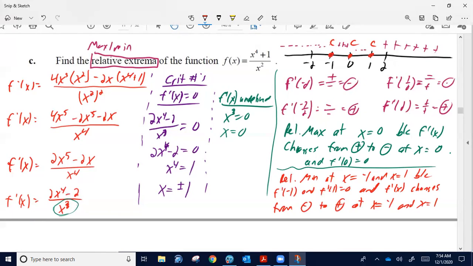So relative minimum at x equals -1 and x equals +1 because f prime of -1 and f prime of 1 equals 0. So we establish their critical numbers, and f prime is changing from a negative to a positive at those values of x equals -1 and x equals +1.